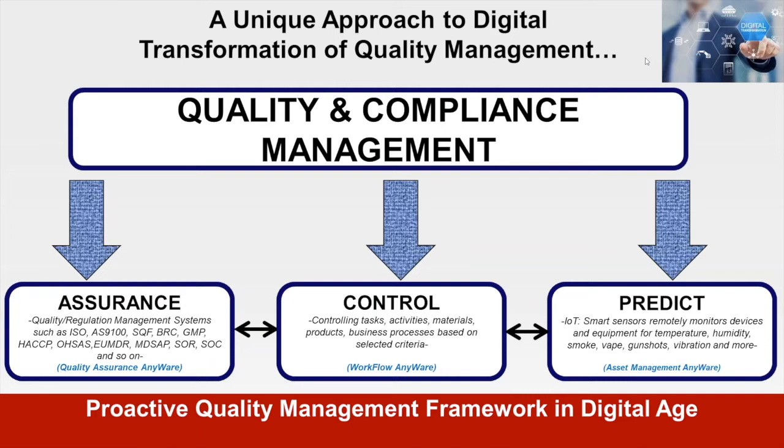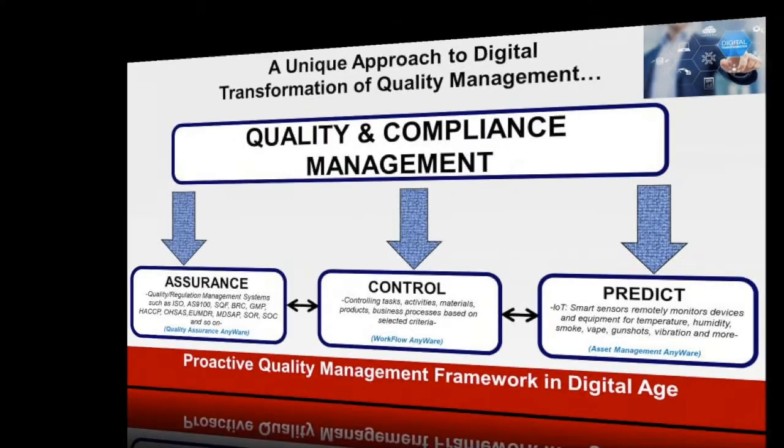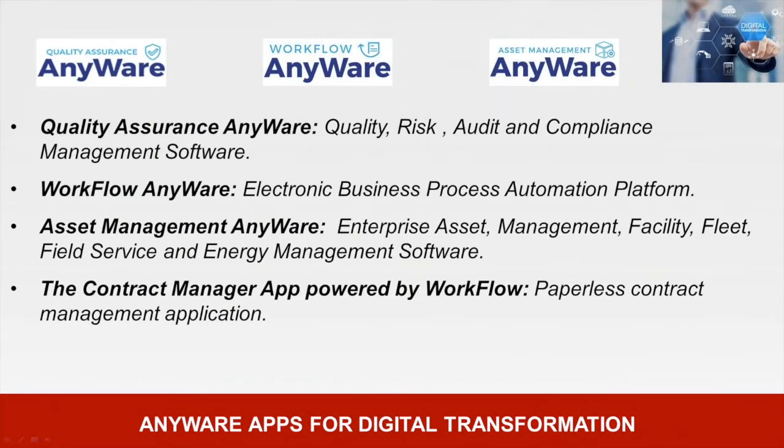So if there is anything out of range, if there is an irregularity, then you can take action accordingly by getting notification from the system. So this is our proactive quality management framework in this digital age, and we have our products designed to help you and other companies perform quality management operations in a proactive manner in this digital age.